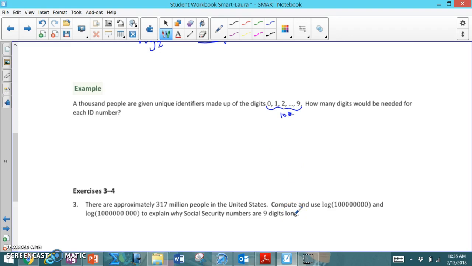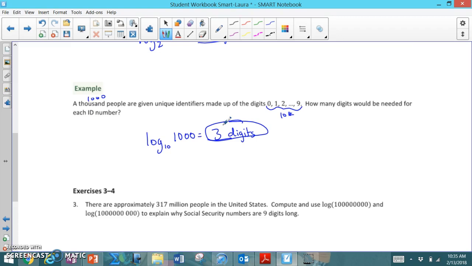So that's going to be my base, okay? The 1,000 people is how many I'm trying to get. And again, my answer is going to be how many spaces does my ID code need? So again, my question is what power of 10 gives me 1,000? So as soon as I say what power, I would do log base 10 of 1,000 equals what? And I get 3. So I would need 3-digit codes in order to make unique codes for those 1,000 people using 10 different numbers.